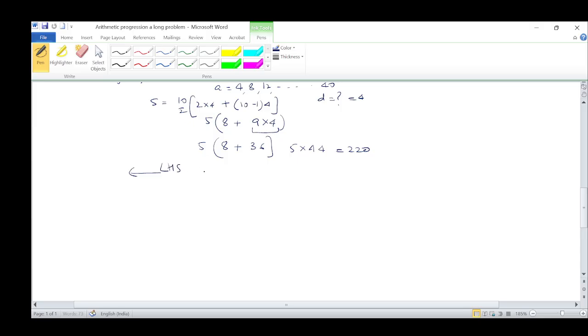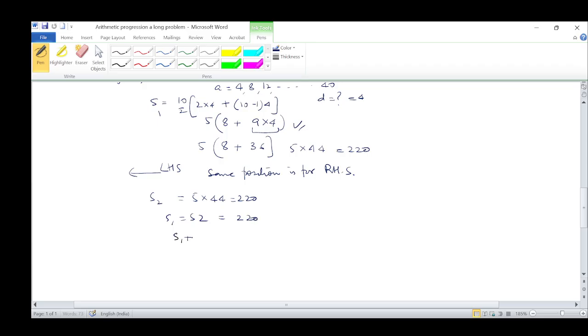The same thing applies for the right side. You have to repeat the same calculation. So S1 is equal to S2, which is 5 into 44, equal to 220.